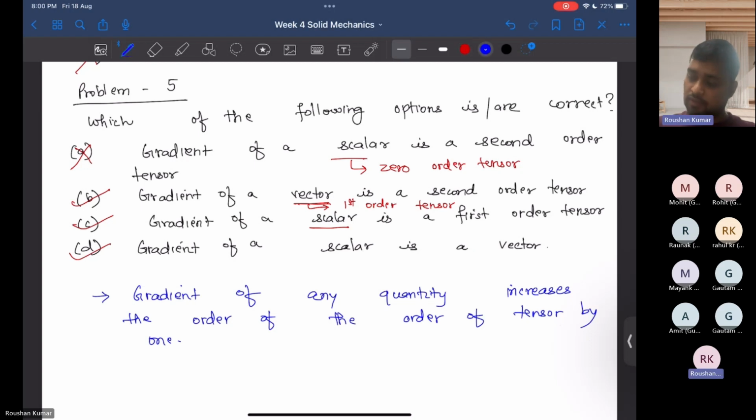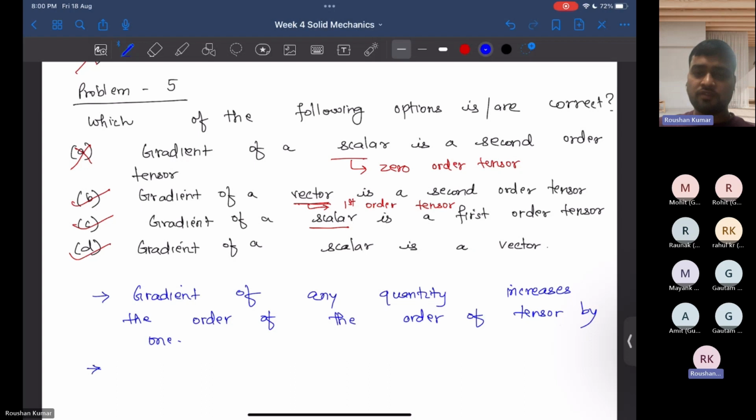Here, one more thing I want to mention. Suppose this question is asked in another way, with the divergence of a scalar, a vector, a first order tensor or any higher order tensor.